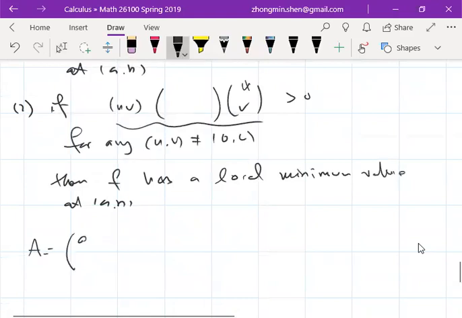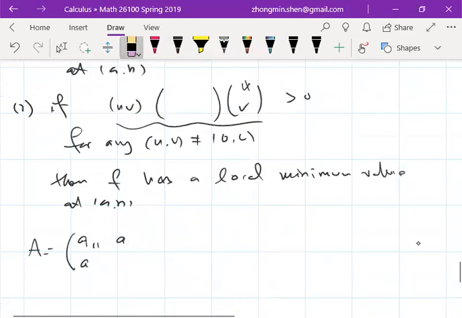So in the book, look at the matrix A. You have a symmetric matrix, right? Let's just use any letters, let's say A11, A12, A21, A22. This should be symmetric.